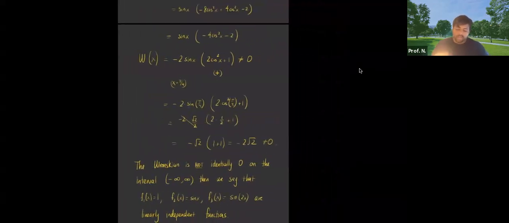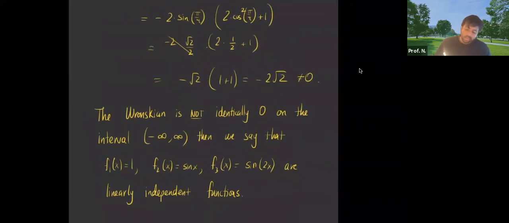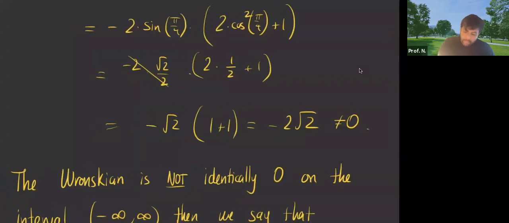It was the other way around. I had it backwards myself, because normally we care about whether it's 0, and in this case for Wronskians we care that it actually doesn't equal 0. So that's the only difference between showing linear independence with functions and linear independence with everything else. So that's the idea. Okay.